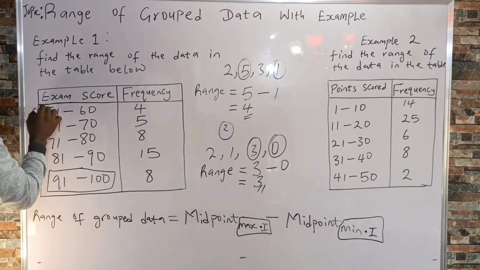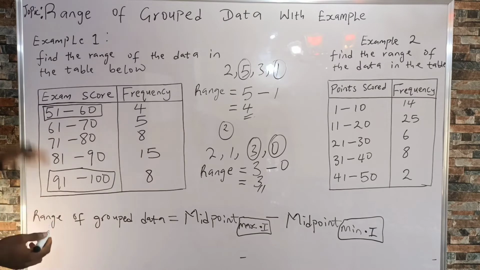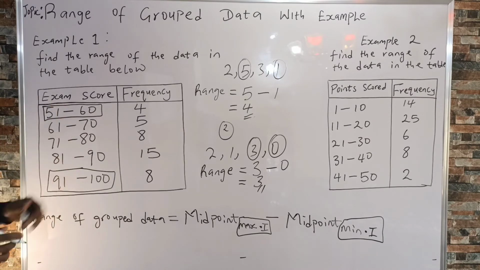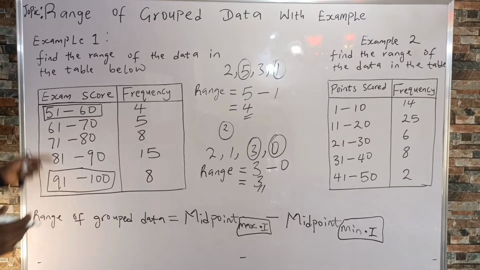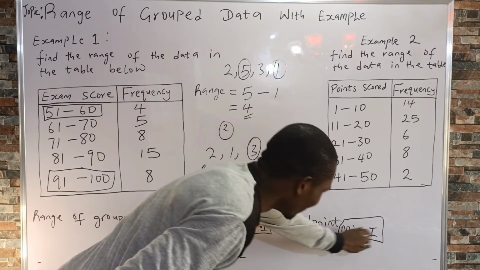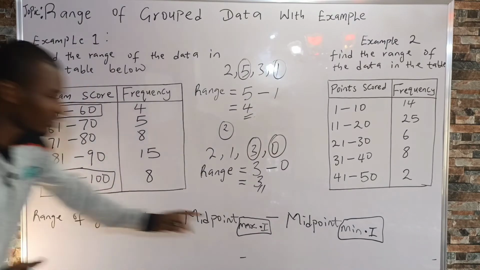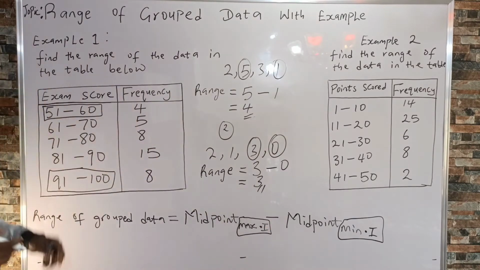That is the smallest interval we have. If you think there is another smaller interval than this one, you can select it and drop your answer in the comment section. But by the little knowledge I have, I believe your own is big knowledge, right? This is the smallest, the minimum interval, while this is the biggest or the maximum interval, okay?